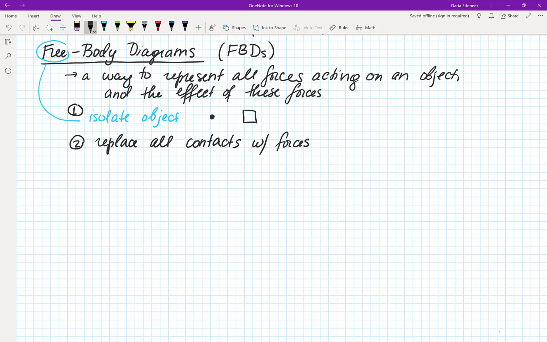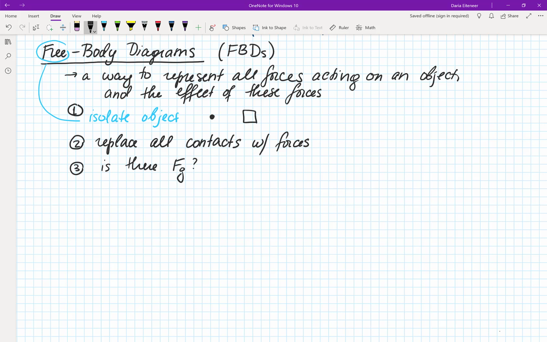The only non-contact force that we have is the force of gravity. So I'll make that number 3. Is there a force of gravity? And the answer in 99% of cases is going to be yes.